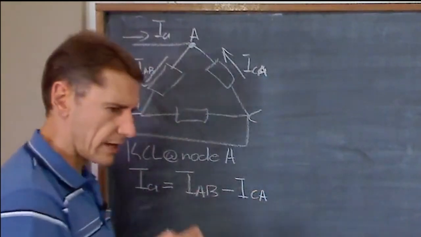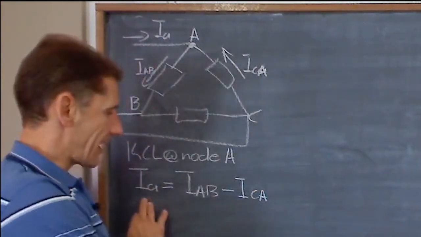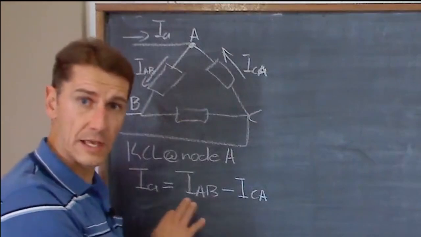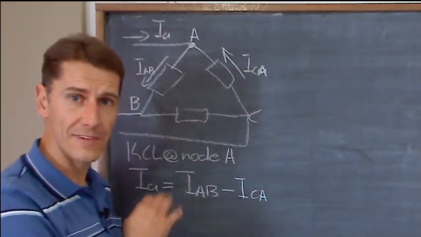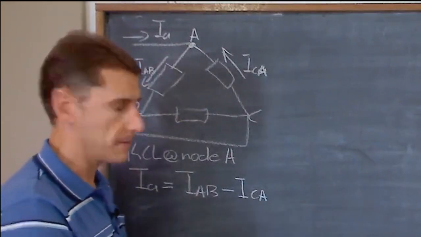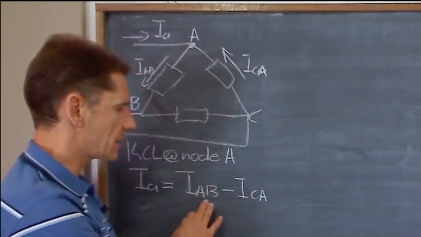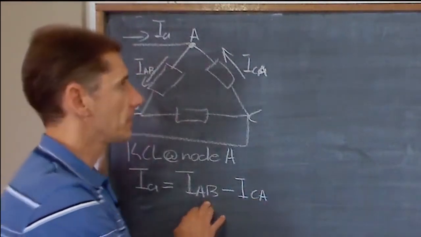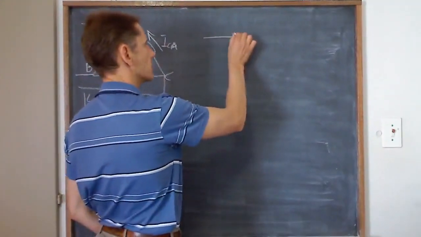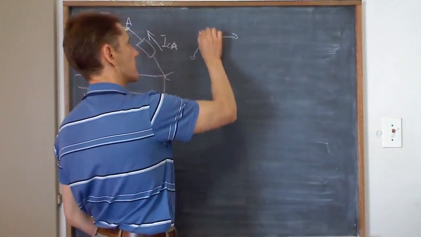Now I want an equation that relates IA with IAB, just like we had an equation that related VAN to VAB. So I want to substitute the ICA into something IAB. Now let's quickly go back to our little three-phase diagram.